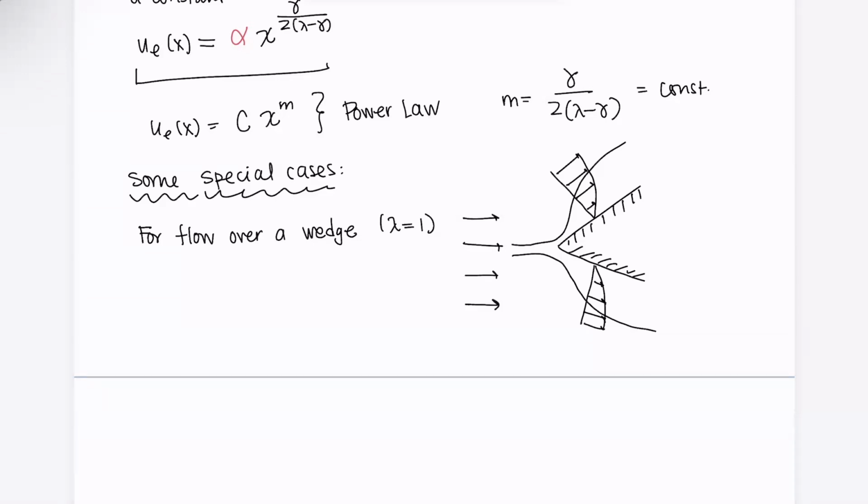Okay. So in this case, we have u_e of x equals c x to the m, where m is equal to 1/2 times 1 minus gamma. So I just let lambda equal 1, obviously.